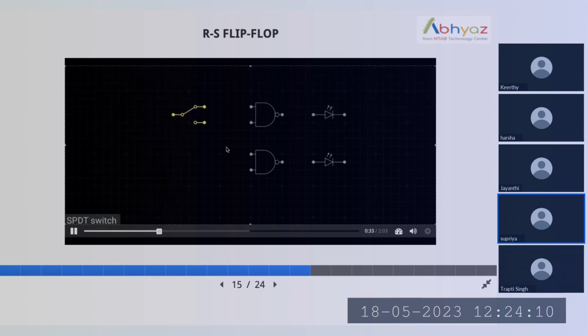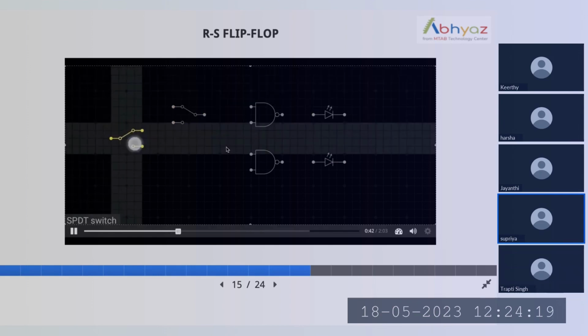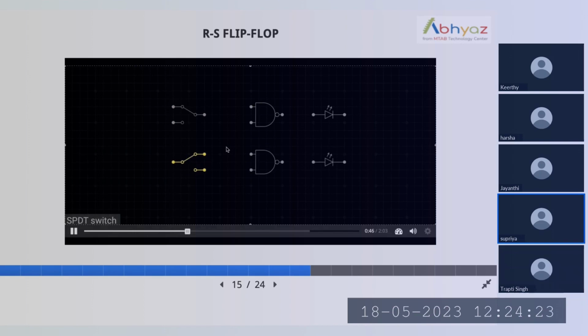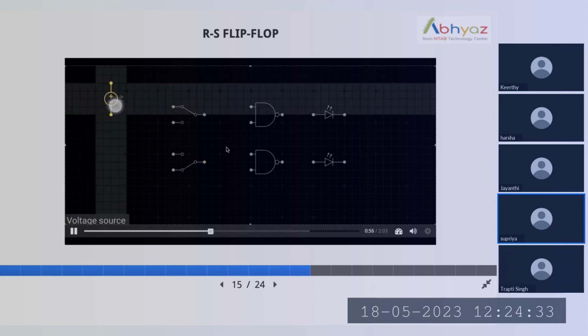And we are also constructing it with switches. Here a basic switch is provided to each gate, because whenever we need to provide one bit, we connect it to the switch, so that we can check whether the SR latch is working or not. In order for the switch to work, we also need to connect the switch with a voltage signal as well as ground.